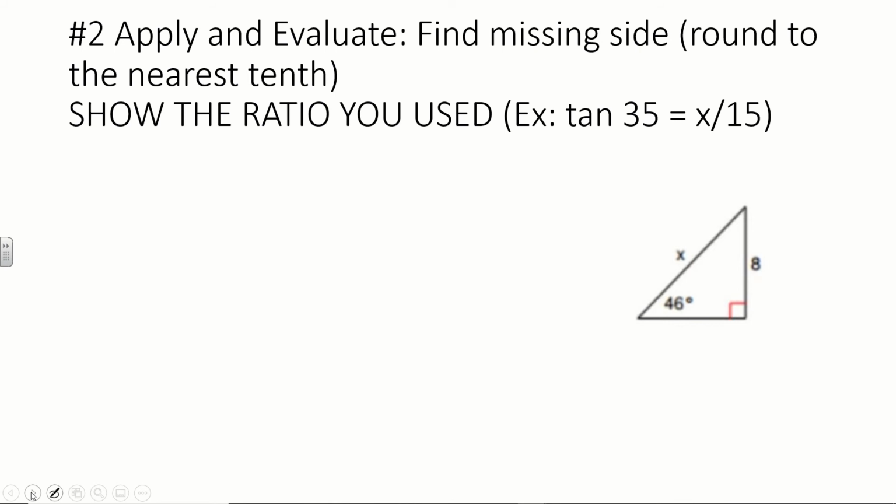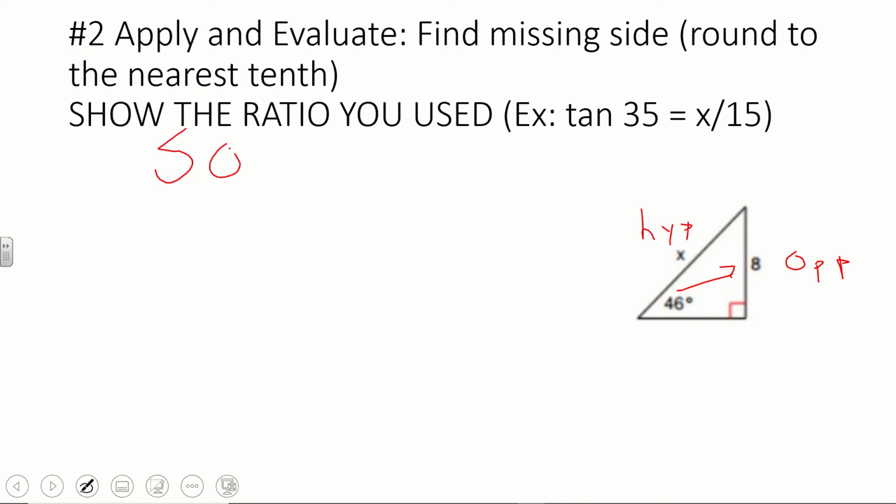Moving on to number 2. Find the missing side. Make sure you round to the nearest tenth and show the ratio you used. So given the angle of 46 degrees, the sides I'm working with are the opposite and the hypotenuse.